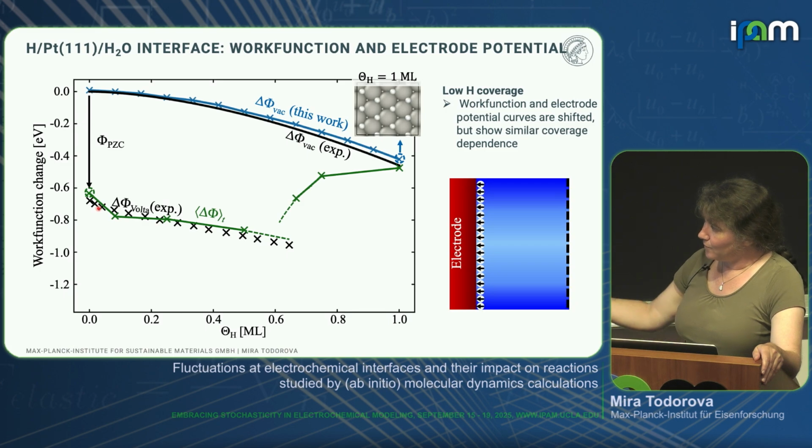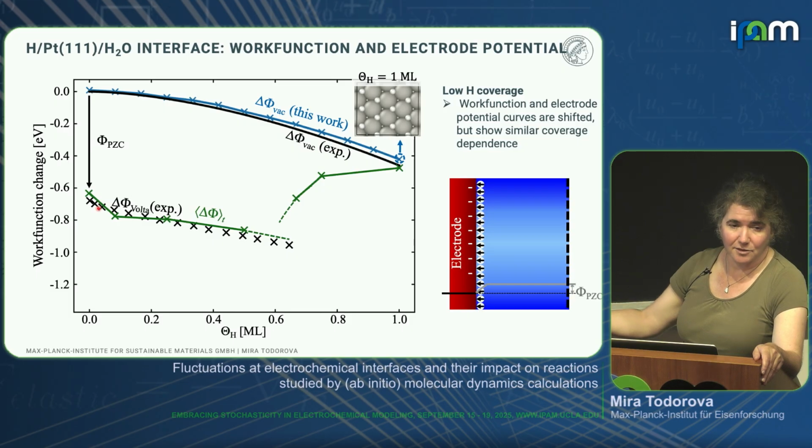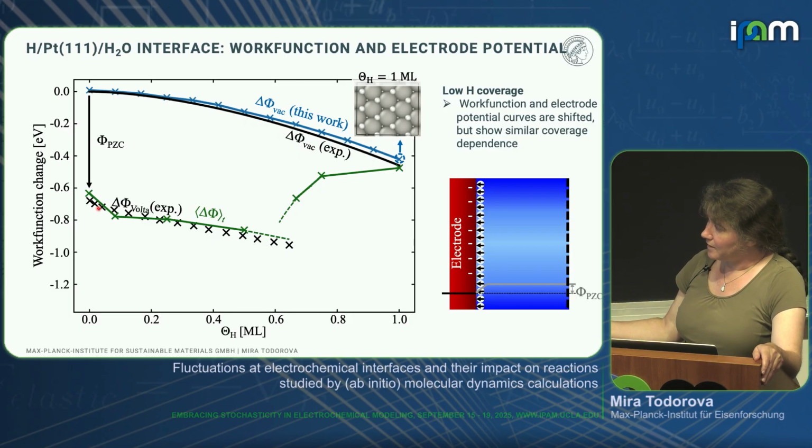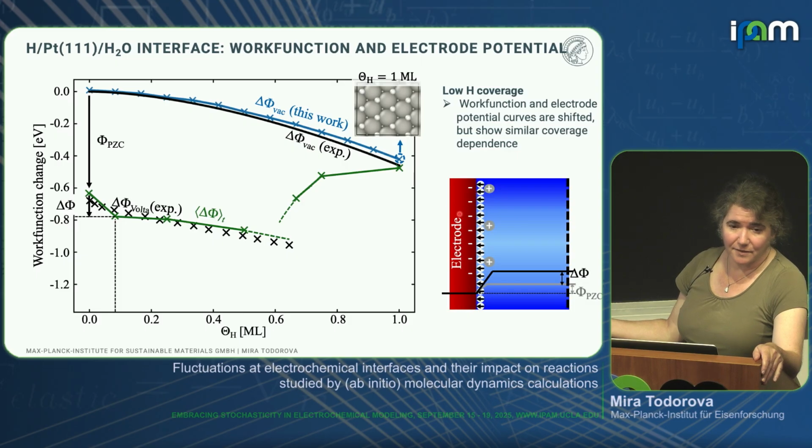If we were to change the electrode potential and put some charge on the platinum surface by changing the potential, what would then happen is that by adsorption of hydrogens or any other ions on the surface, there will be a certain amount that needs to be adsorbed in order to screen the charge that we have on the electrode. And this would lead to this change in the electrode potential, so it will shift the curve down.